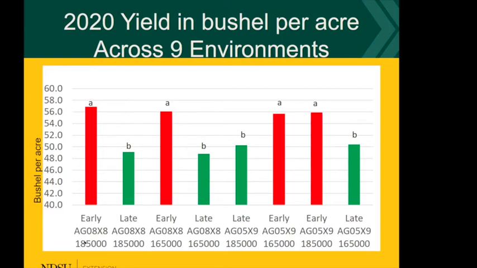If we look at last year, it was slightly different, and the late maturing, due to the frost, was set back a little bit more. And here we can see that the A, early planting, dominated everything. So in this case, dominance of the early planting.